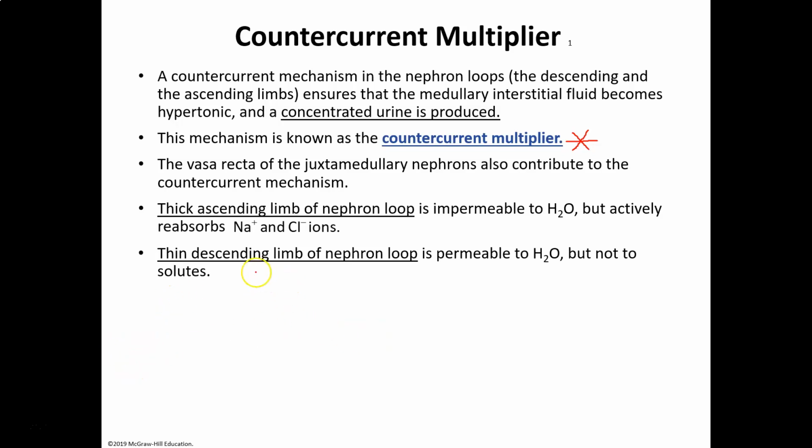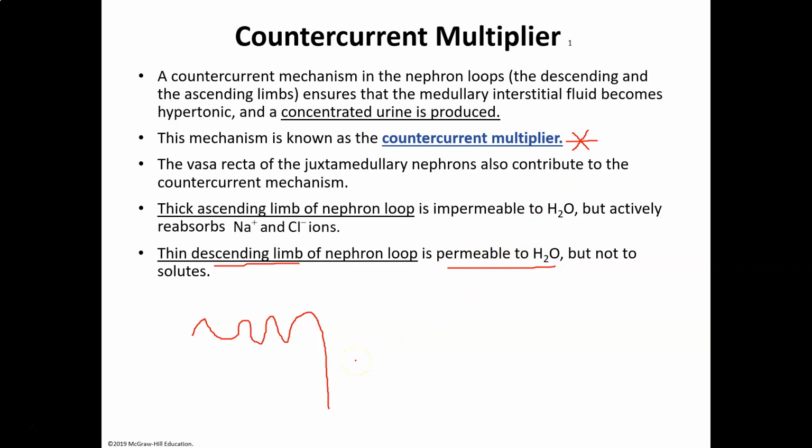The descending, let's start with this, the descending limb of the nephron loop. I'll show you a picture in the next slide, but I'm just going to draw a quickie here. Right, here's the proximal convoluted tubule. You know that there's glomerular filtrate in there. And then it goes down into what's called the descending limb of the nephron loop. This descending limb is permeable to water.